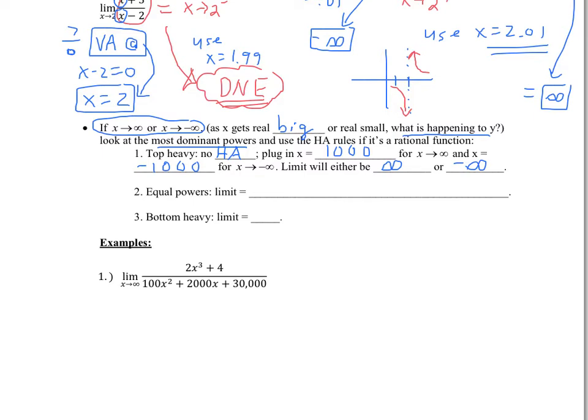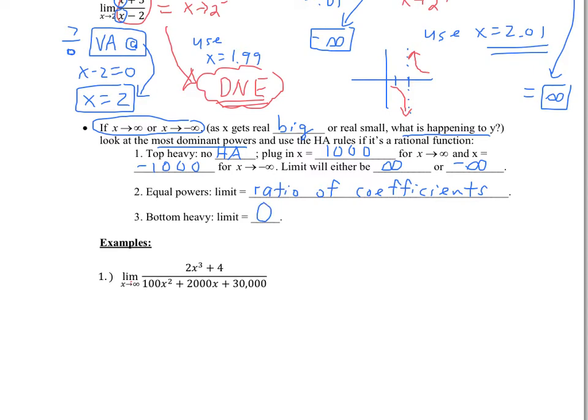Now if your powers are equal, your limit is going to be equal to the ratio of the coefficients. And we'll see some examples in a moment. The ratio of the coefficients. And if it's bottom heavy, if there's more weight in the bottom, your limit every single time will just be 0. So let's look at some examples.